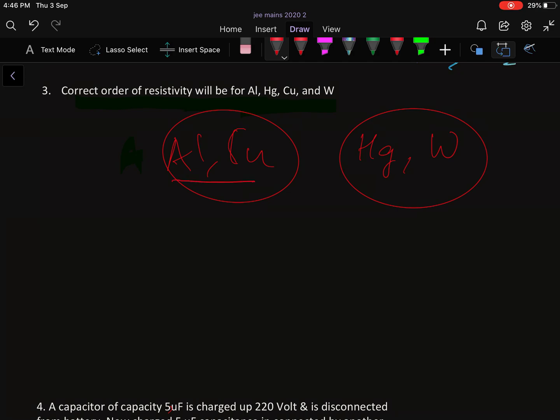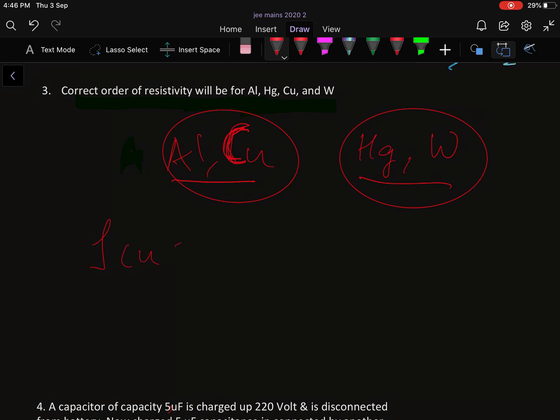So you get confused between these two and these two. In most devices, like the coiling in a fan, they use copper, which means it must have low resistivity and high conductivity.